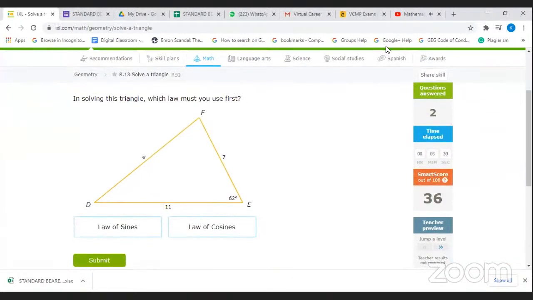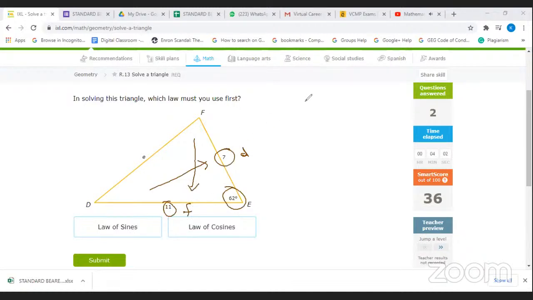So in this case, which one must you apply? If you look at this one too, I don't need to stress myself much, but they have given us two sides and the included angle. So look at this, and this. In that case, this one is small d. And this one is small f.